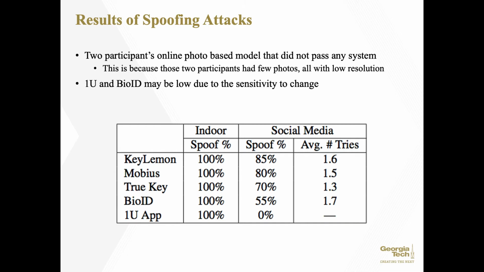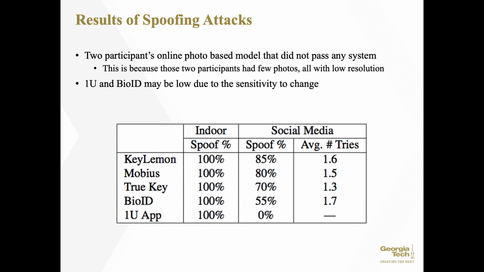There were only 2 participants whose model did not pass any system, and those 2 participants in particular had very few photos, all of which were low resolution, which made it hard to create accurate facial models.